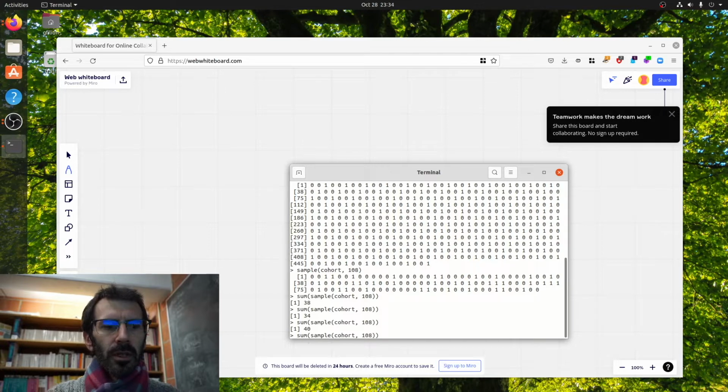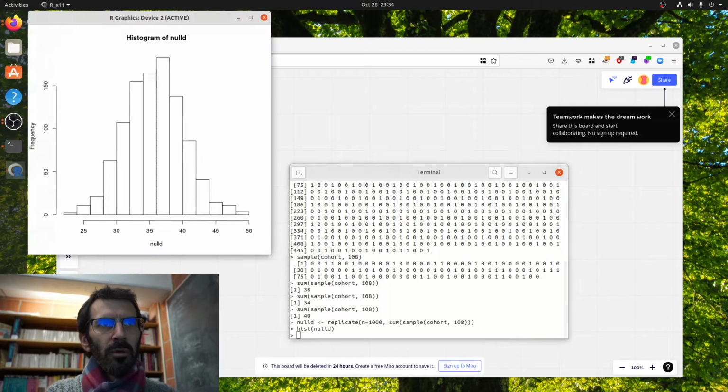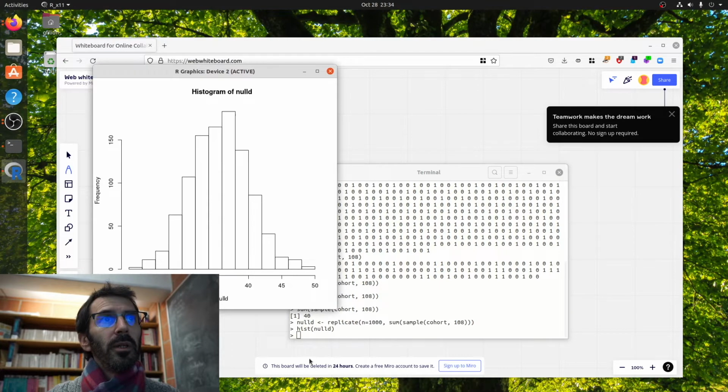So getting the null distribution in that case, where the efficiency was assumed to be 0% in the null hypothesis, was, as usual, using replicate here with, for example, 1,000. And when we did this, we could quickly just get the null distribution in that case. And remember that quite simply, we could get the histogram here that looked typically like that.